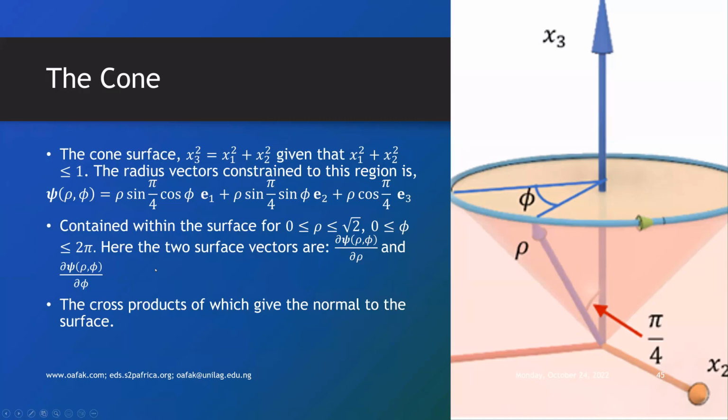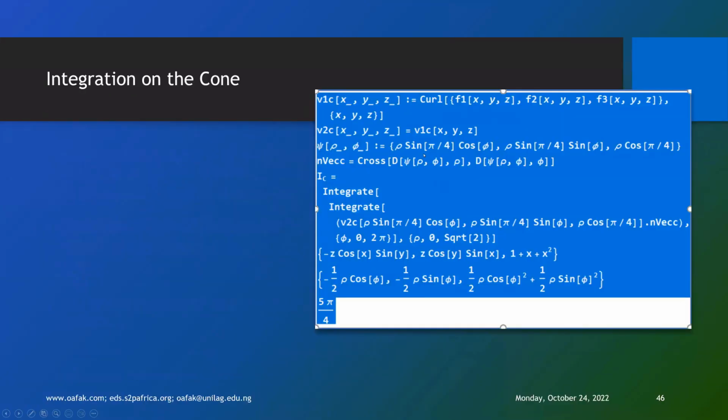We get the vector perpendicular to the surface, the normal to the surface. So this is the same kind of thing. The beauty of it is that when we move from the disk, which is a simple area, to the cone surface, our program does not become more difficult.